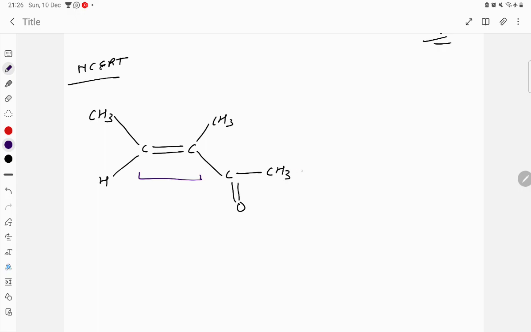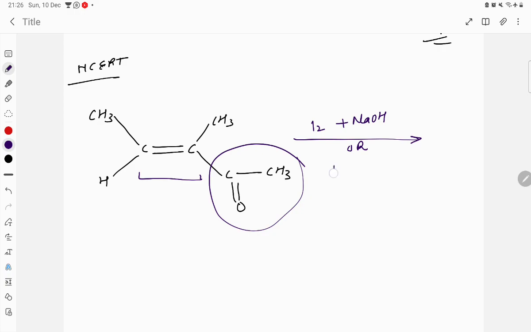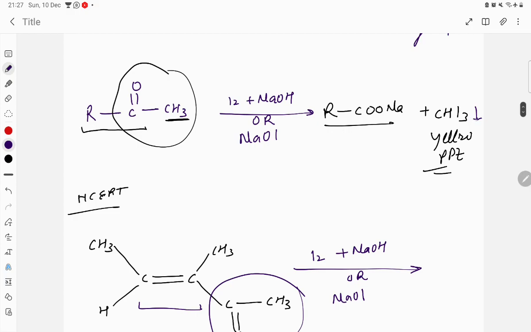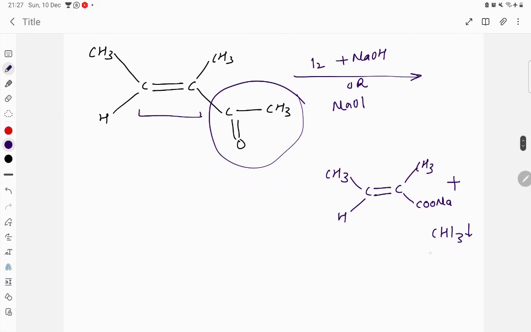But this is the methyl keto group, so you treat it with I2 plus NaOH, or NaOI. See the product: CH3, C, H, double bond as it is, CH3, COONa plus CHI3. This is the yellow ppt; wherever a ppt forms, we write a down arrow.